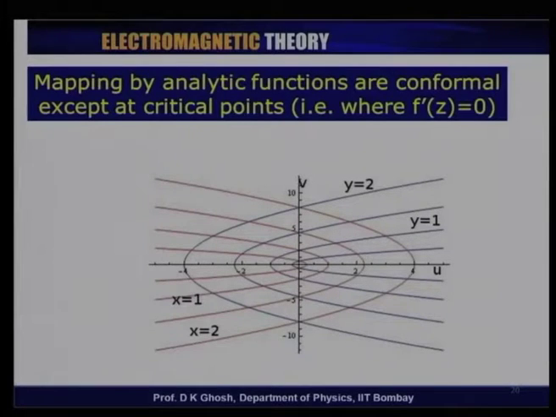Now, one of the things that you must realize, which I am not going to prove, is that when you map things by analytic functions, the example that we gave you, z square, that is an analytic function, it is a differentiable function. Therefore, the mapping is conformal, excepting at a critical point. That is a point where the derivative of the function becomes equal to 0.